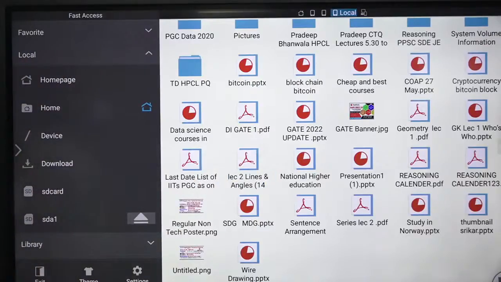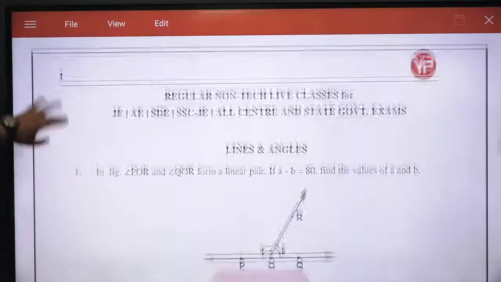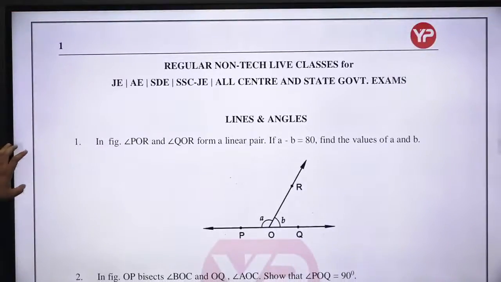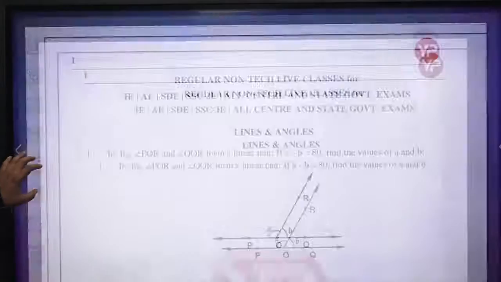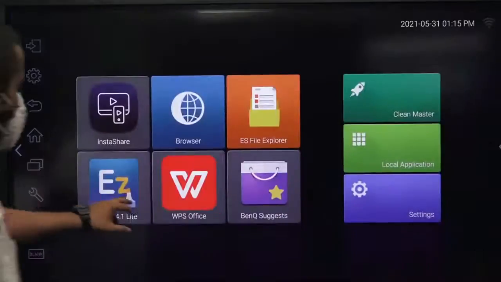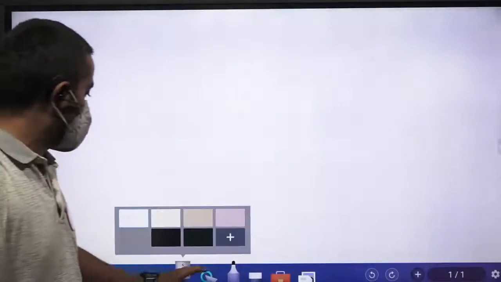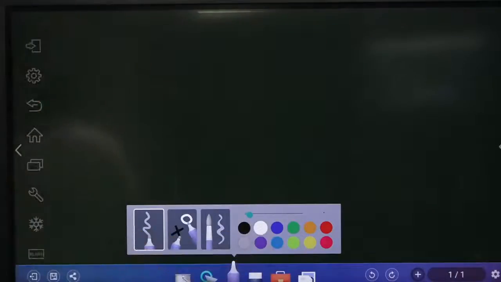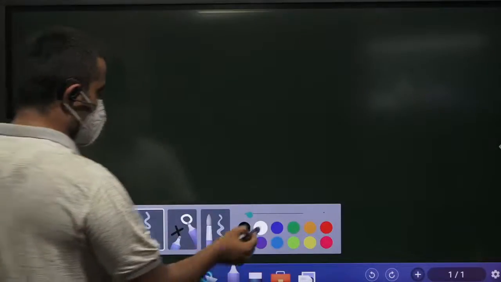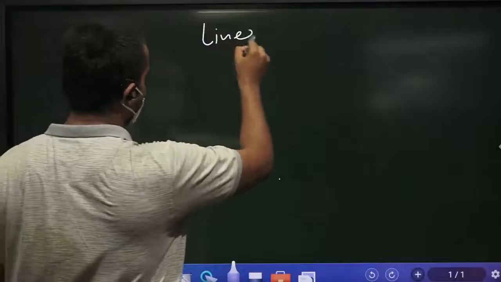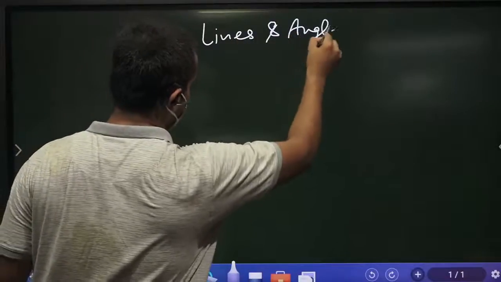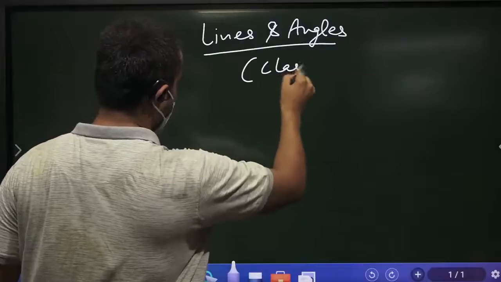So we are covering lines and angles. We were covering lines and angles in the last class, and this is your class number 2.